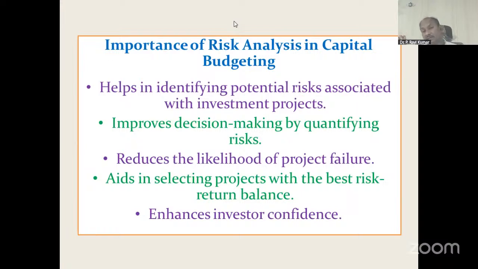It also helps in identifying the potential risks associated with the investment projects, and aids in selecting projects with the best risk-return balance, and enhances investors' confidence.